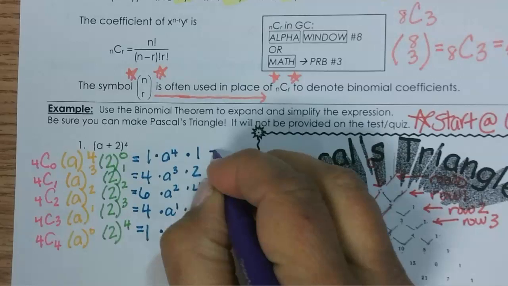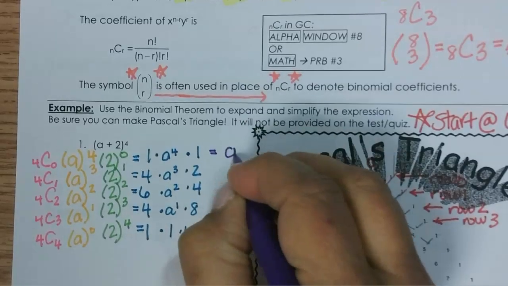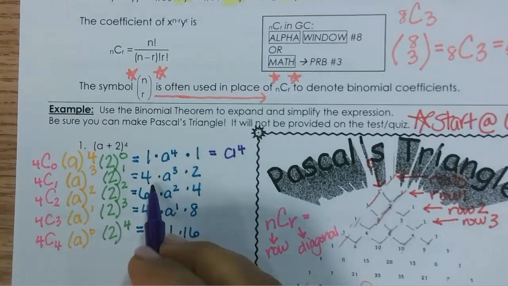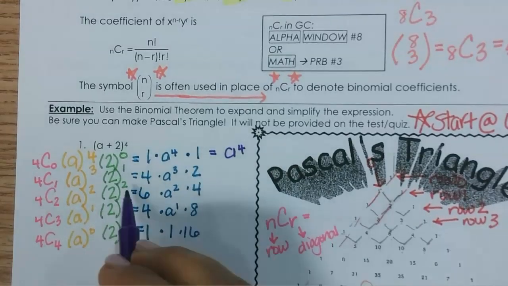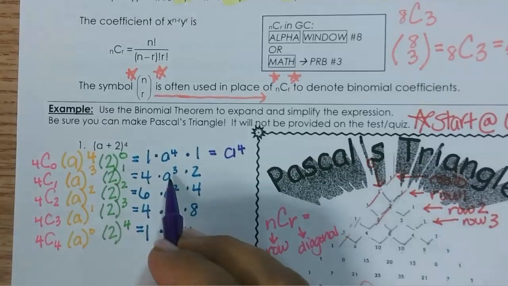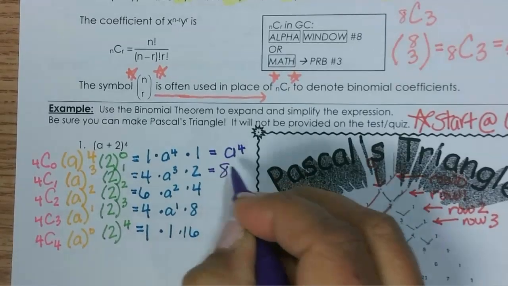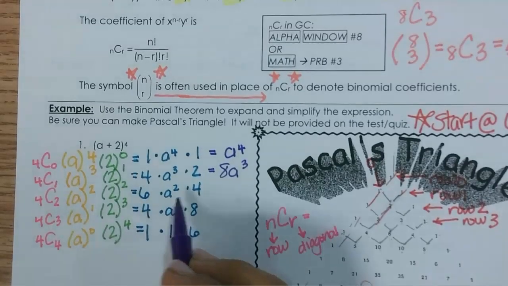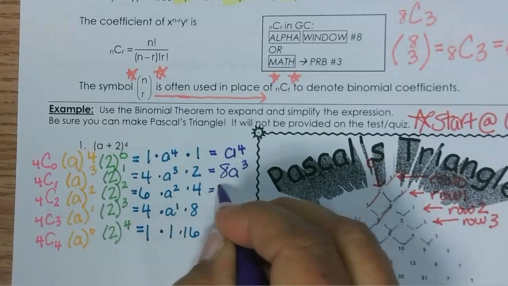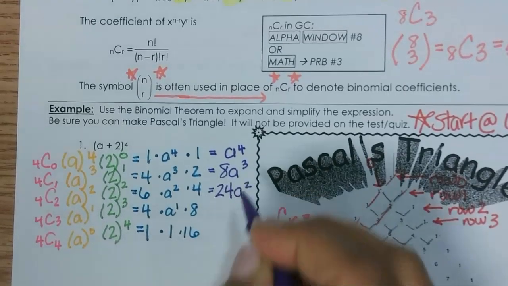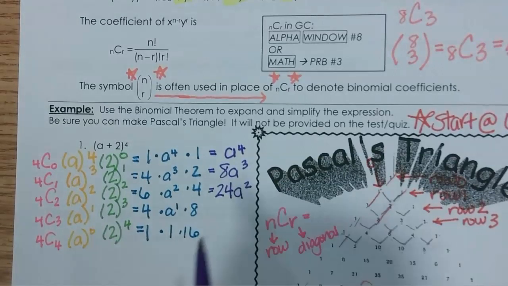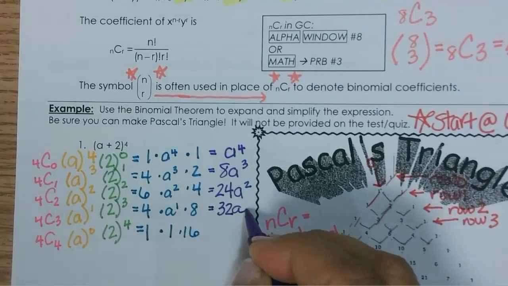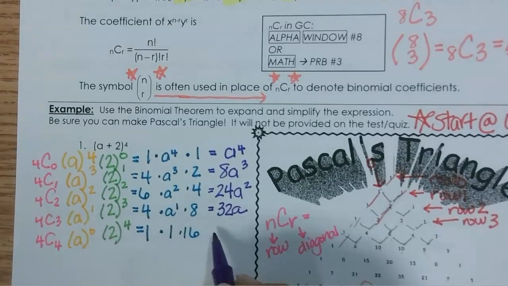Well, that just gives me a to the 4th, okay? 4 times a cubed times 2 would be best written as 8a cubed. 6 times a squared times 4 is best written as 24a squared. Next, we can see this would be 32a, and then 16.